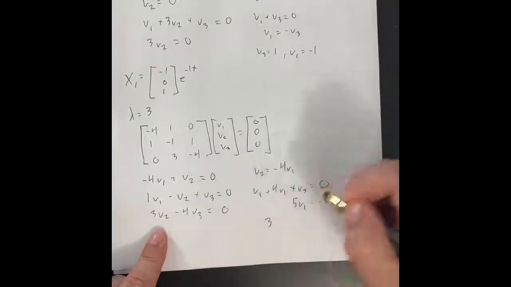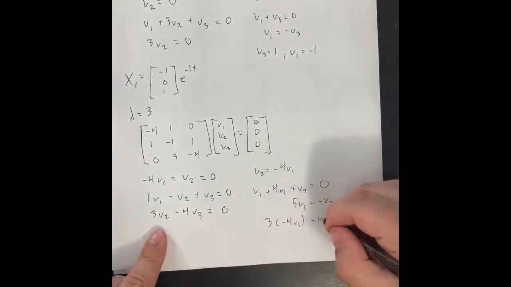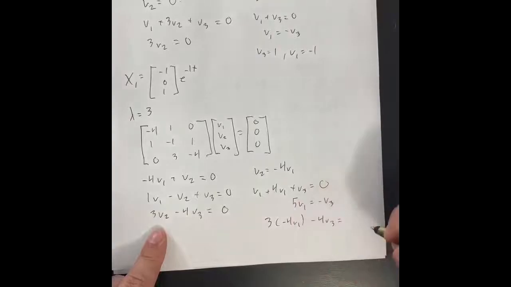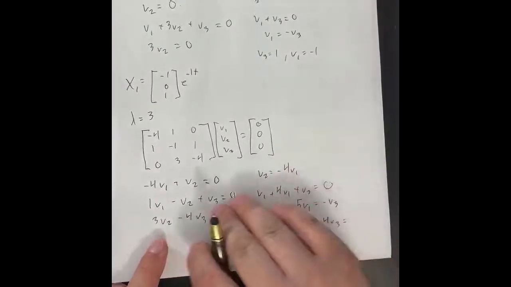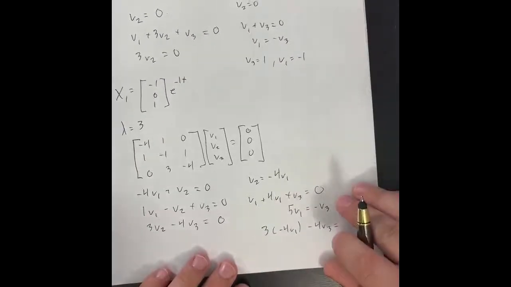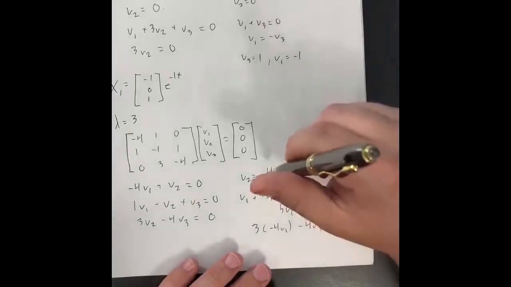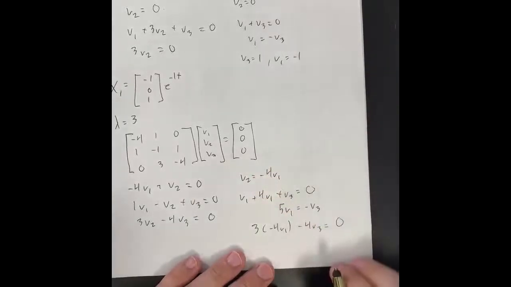So you have 3 times v2, which is negative 4 v1, minus 4 v3 equal to 0.